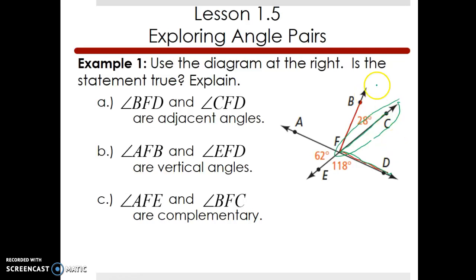Are these next to each other, or does one contain the other? Isn't this part of BFD and also part of CFD? It's not only the ray in common. They also have other points in common, which you cannot have. So this is not adjacent.